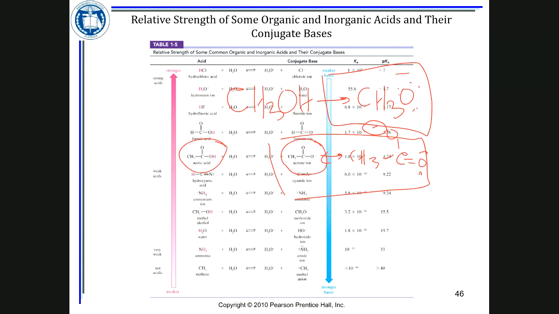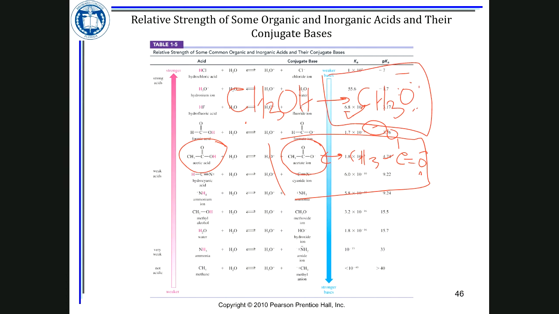For methanol, you have your acid and your conjugate base, and for the conjugate base resulting from methanol, there is no resonance.